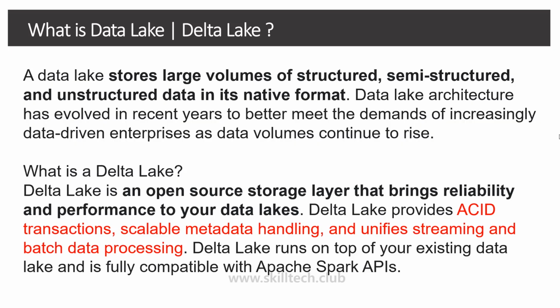Most of the time a data lake just stores a huge amount of data, but it's not associated with ACID transactions. I hope you have heard about ACID transactions: atomicity, consistency, and so on. When you want scalable metadata handling, or unified or structured streaming, all these things were missing from the data lake architecture, whereas Delta Lake focuses on exactly these things.